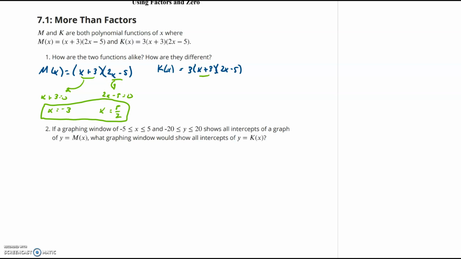Here, this x plus 3 will give me the same zero of x equals negative 3, and this 2x minus 5 will give me the same zero of x equals 5 halves. So how are these functions alike? I would say they are alike because they have the same zeros.